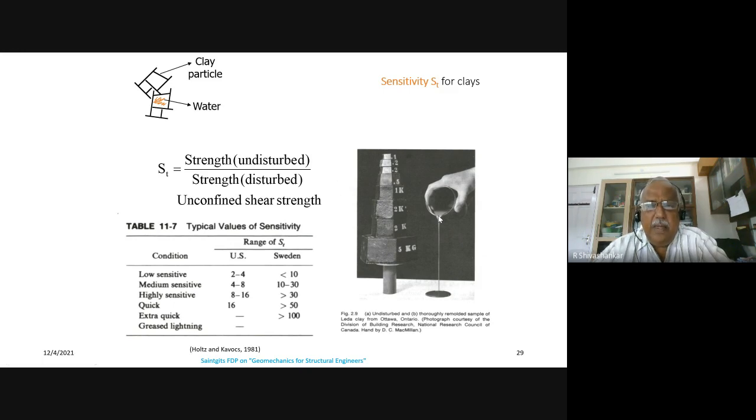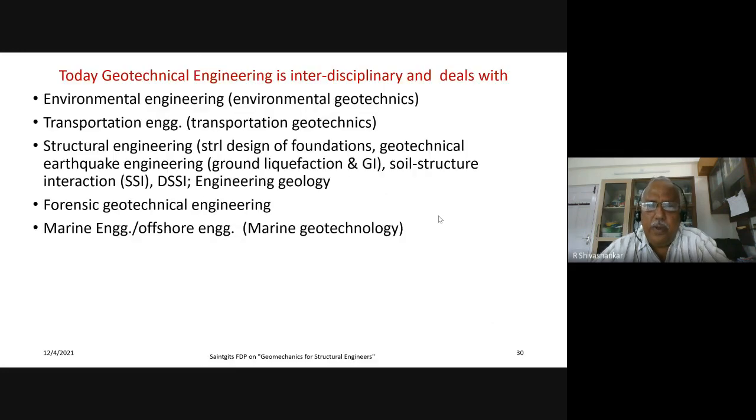All these are really very difficult to implement or incorporate in a real soil structure interaction study. Perhaps there is a lot of scope in future to deal with that. As I said, in my student days, it was said that biology has no importance.